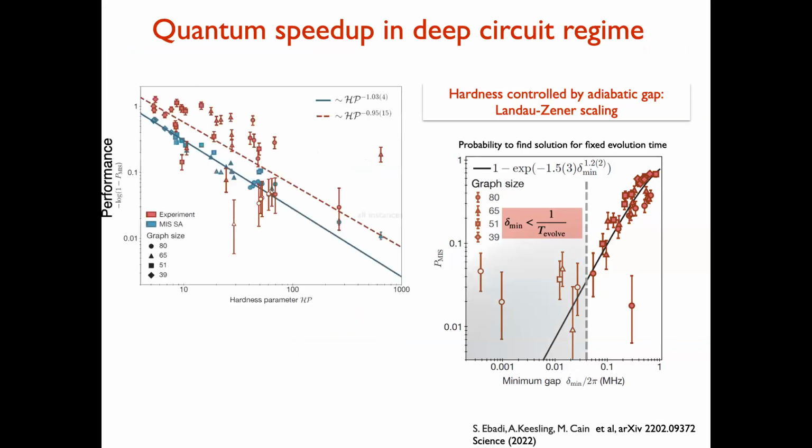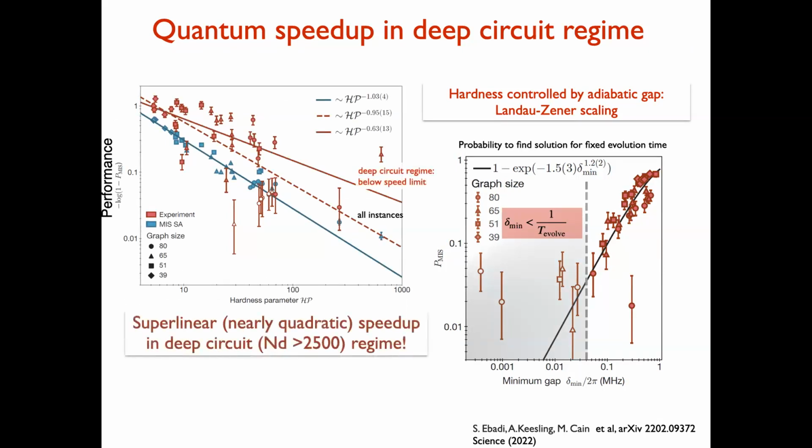Using this, we can analyze our data, and if we focus on instances where we are below the speed limit, for this class of instances we see a superlinear, nearly quadratic speedup, which emerges in the deep circuit regime, where the quantum system can explore the entire graph.